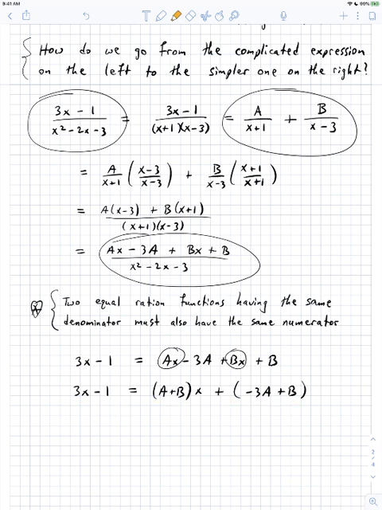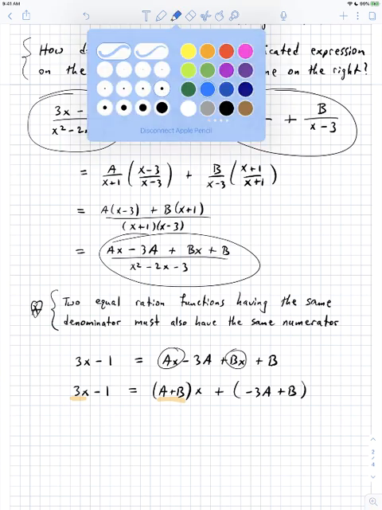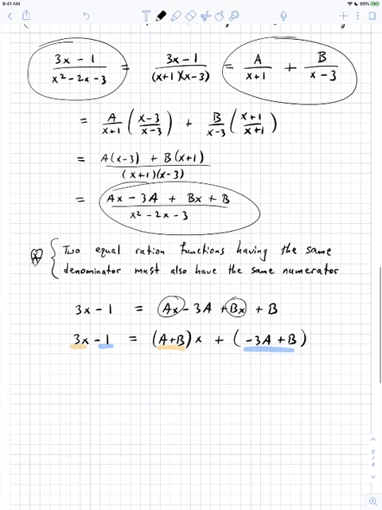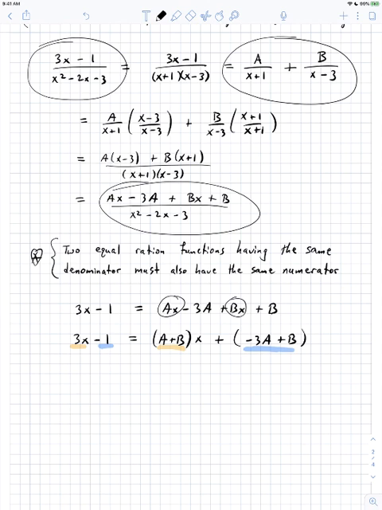Now, if these two polynomials are equal, that means that their degree 1 terms must be equal, and it also means that their constant terms must be equal. That's the only way that you can have two polynomials be equal to each other. If two polynomials are equal, then their constant terms are equal, and in this case their linear terms are equal.